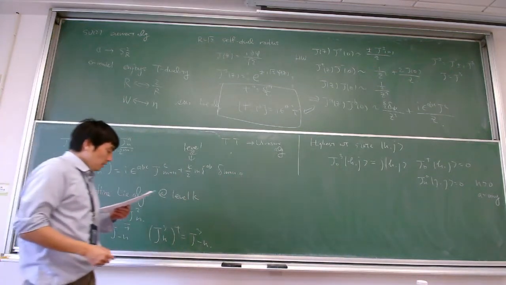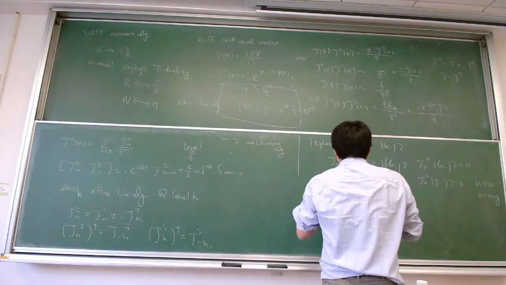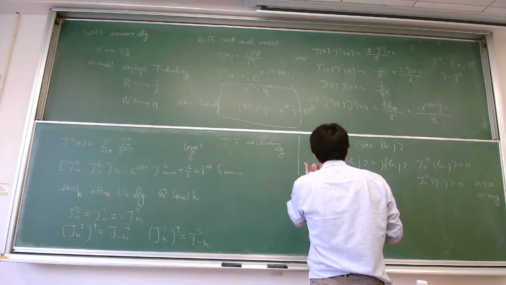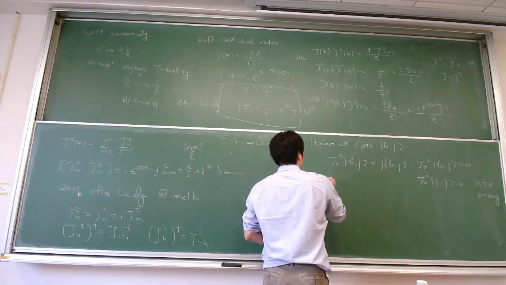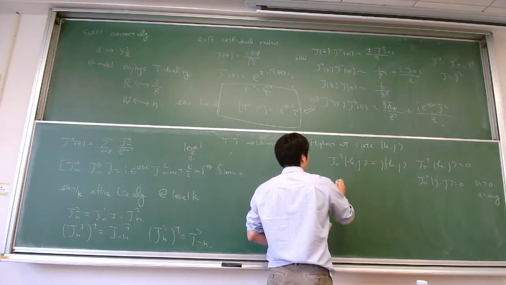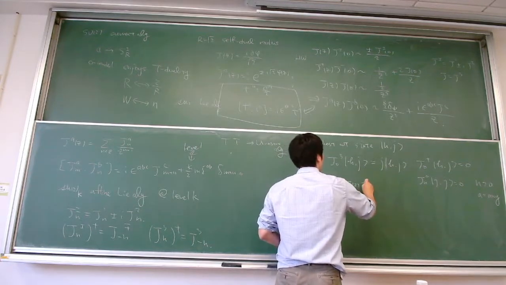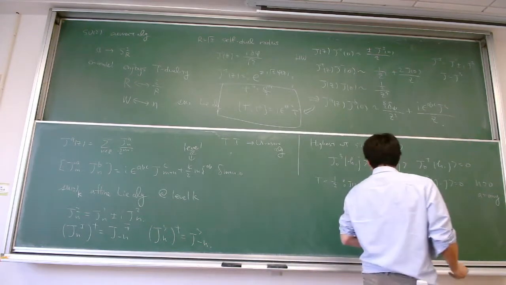Of course, T is defined as 1/(k+2) times the sum of JJ, and you have to show that L0 acting on h_j gives the conformal dimension h, which is j(j+1)/(k+2).